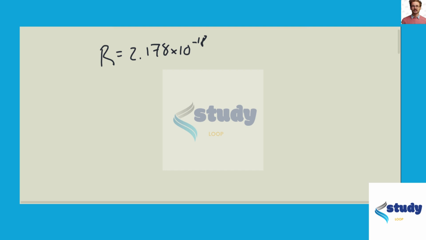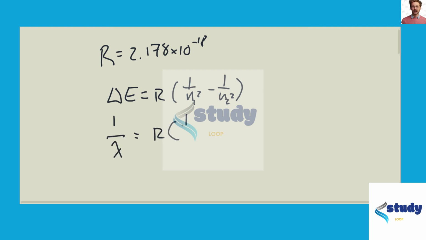It's also possible that the formula is given not as delta E equals R times 1 over n1 squared minus 1 over n2 squared, but as 1 over lambda equals R times 1 over n1 squared minus 1 over n2 squared, in which case you would get out a wavelength after you take the reciprocal.